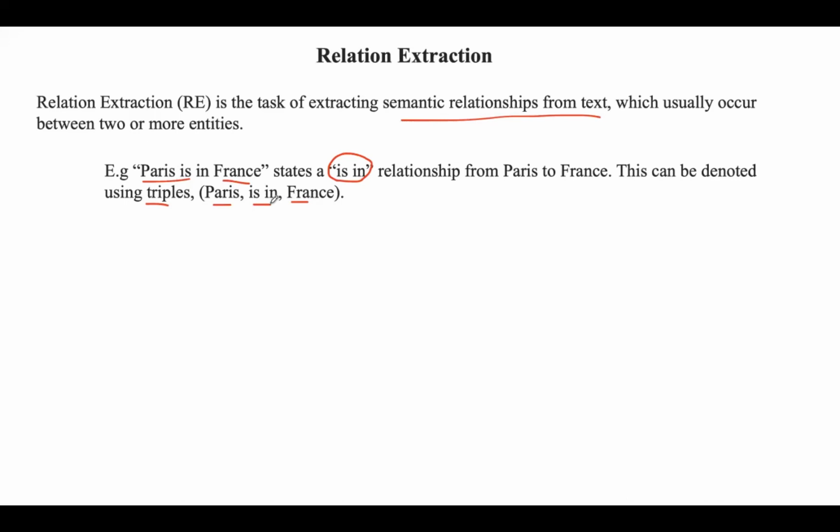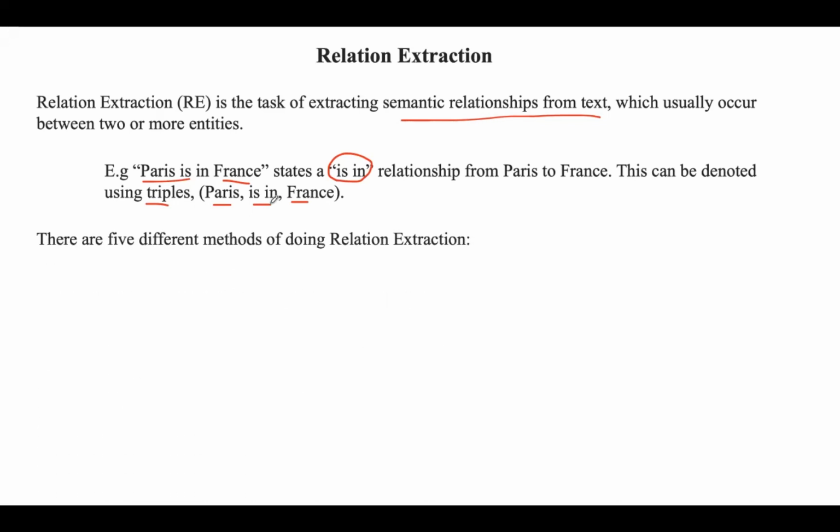In our previous video, we saw what is meant by information extraction. Information extraction is a field of extracting structured information from natural language text. We can use this information in various NLP tasks like knowledge graphs, question answering systems, text summarization, etc. So relation extraction is a subfield of information extraction.